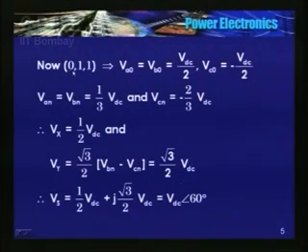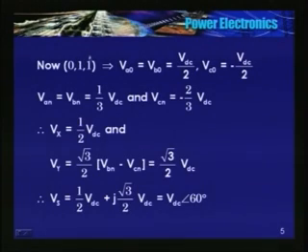Say I will take 0, 1, 1. That means the A phase upper device and B phase upper device are on, and the C phase lower device is on. So VA0 is equal to VB0 is equal to VDC by 2, because the upper device is on, whereas VC0 is minus VDC by 2.